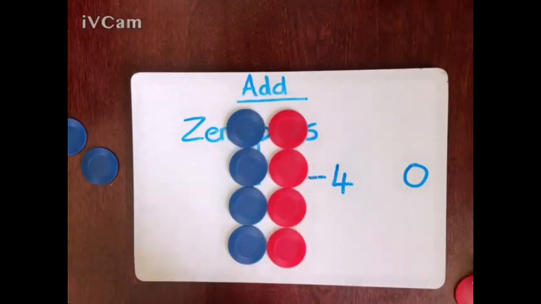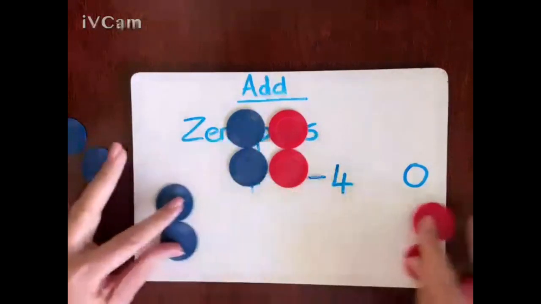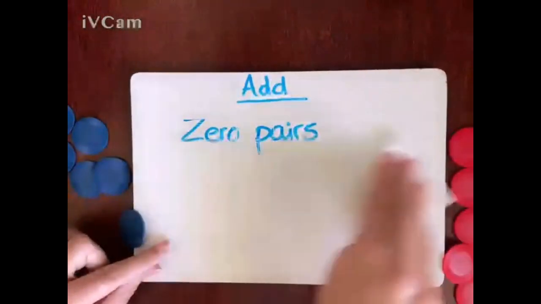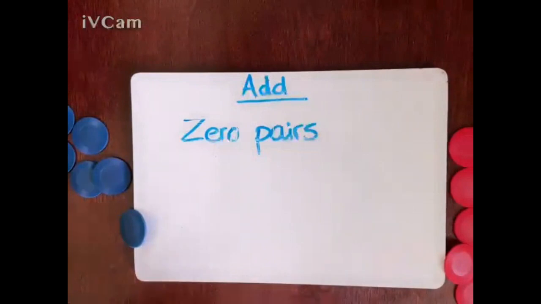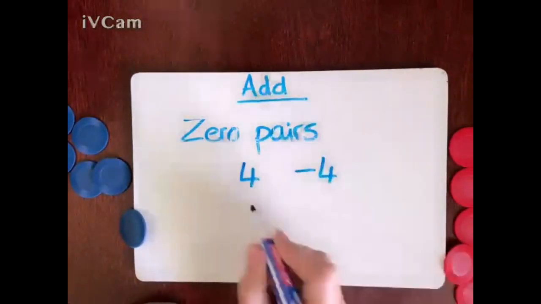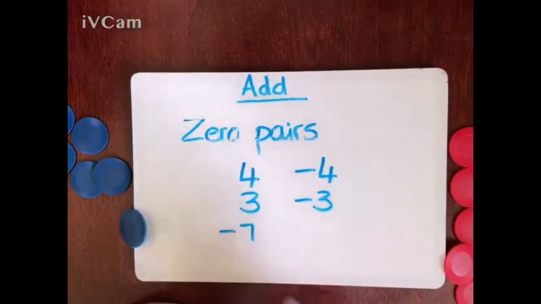It will not change your calculation. So as long as your learners remember that a number has an opposite, 4's opposite is -4. 3's opposite is -3. -7's opposite is 7.